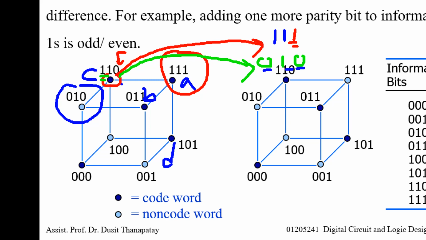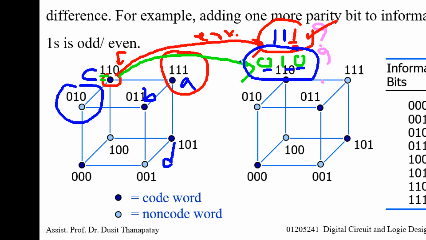What is the difference between this situation and the previous one? In the previous situation, when an error occurs, the receiver doesn't know, because the received data has a meaning. But for this one, the receiver gets data that has no meaning, so there is some error.